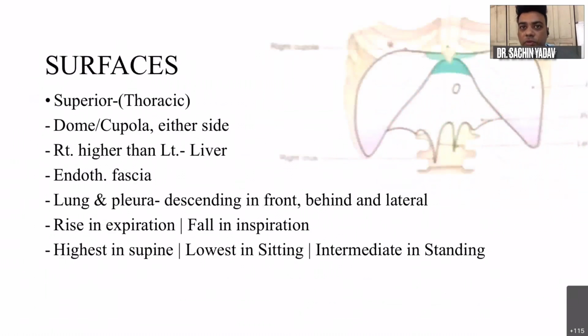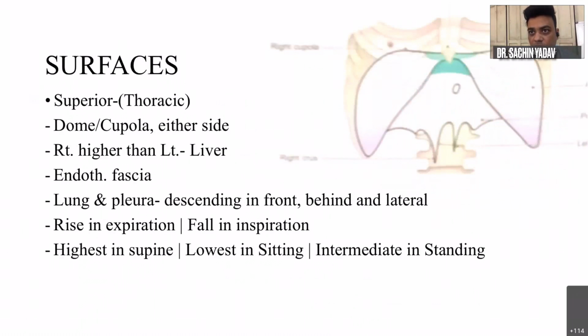Now the surfaces. The diaphragm has a superior surface facing the thoracic cavity, having the dome, and these domes are also known as the cupola on either side. The right one is higher than the left hemidiaphragm due to the presence of the larger organ, the liver, on the right side.